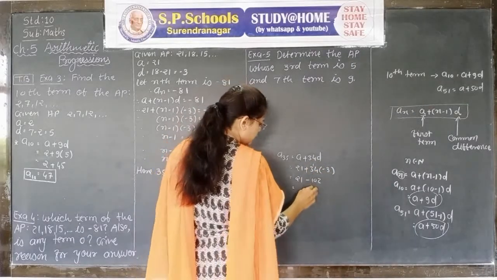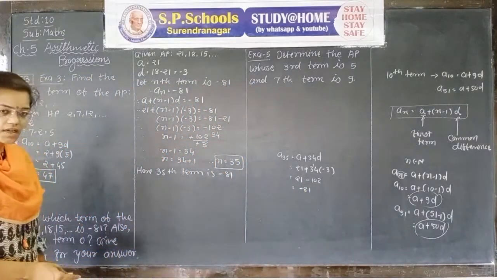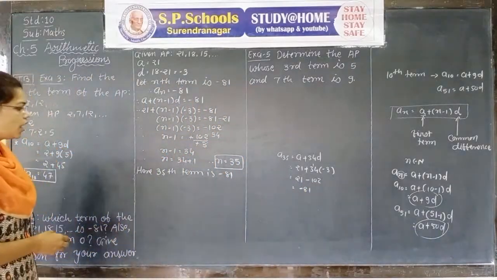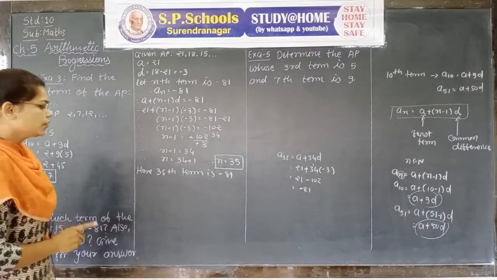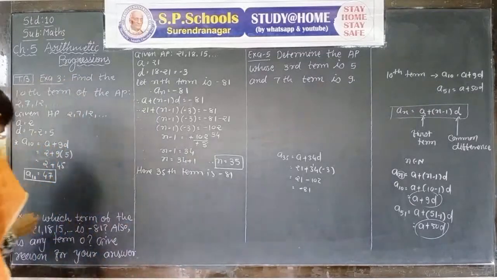Now we subtract, which gives minus 81. It is correct. It is a verification that the 35th term is minus 81. The first question is completed here.